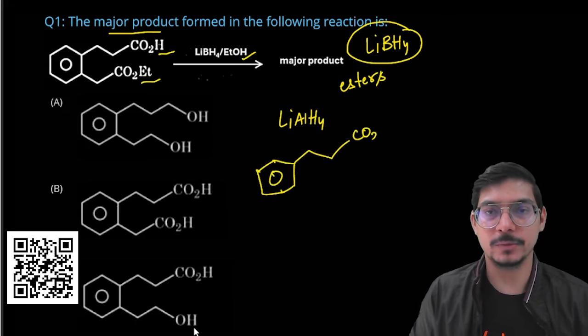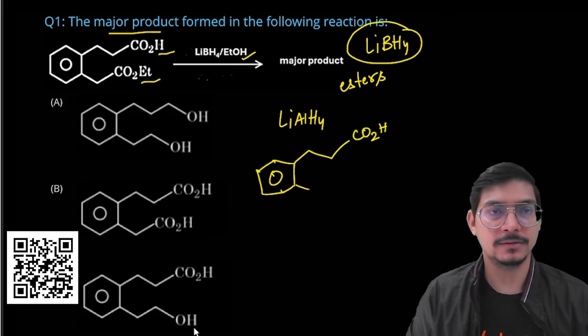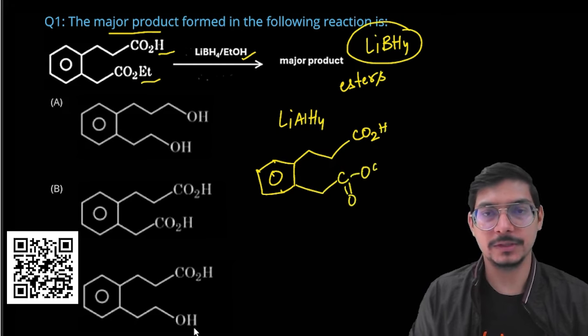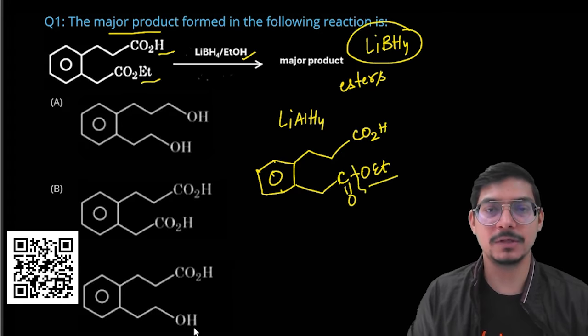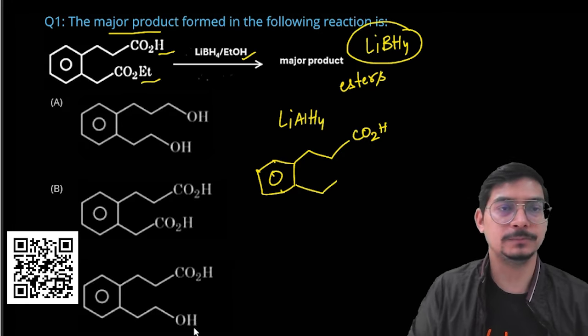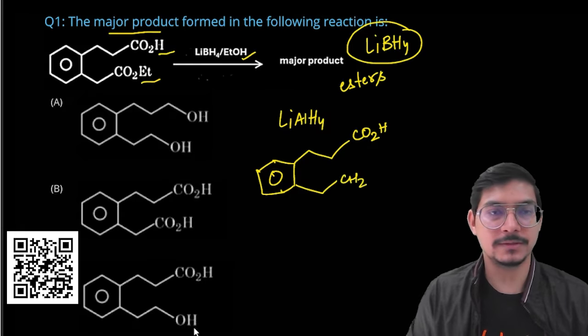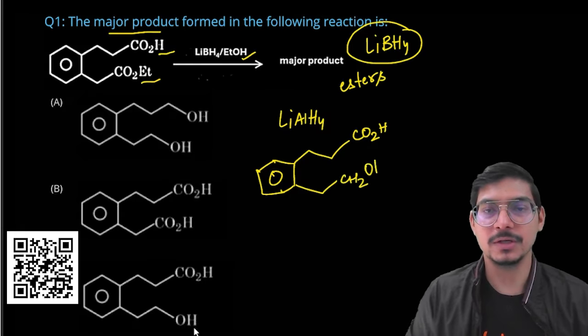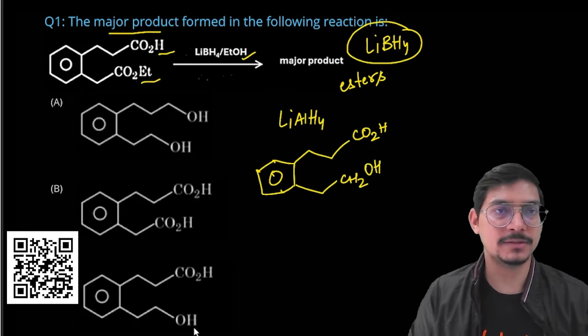This would be CO2H. Whereas the ester, which is C double bond O Et, will be reduced here. Ethanol would separate, and this carbonyl carbon would be reduced to CH2OH. So this would be the final product of this reaction.